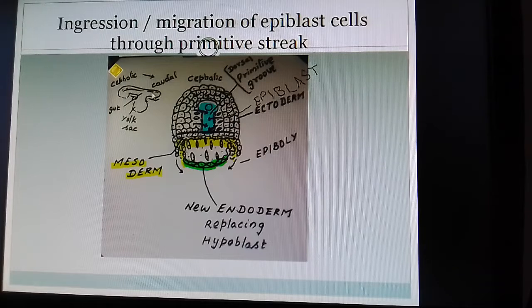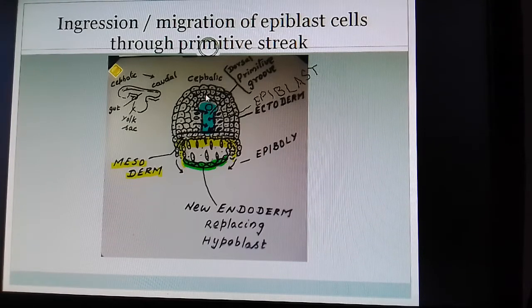Even here you see a simple idea in a longitudinal form. Cephalic region and caudal region. So the mesodermal cells as well as the endodermal cells passing towards the anterior part will become the chorda mesoderm that way, and the endoderm will become the foregut region and the remaining part of the gut. And after the formation of mesoderm and endoderm, what happens? This primitive groove will start disappearing, degenerating.